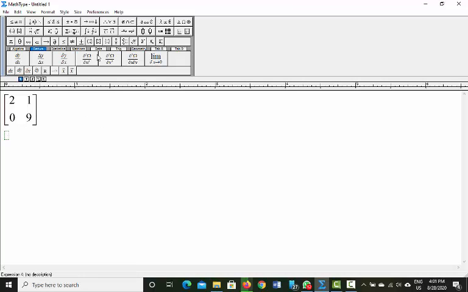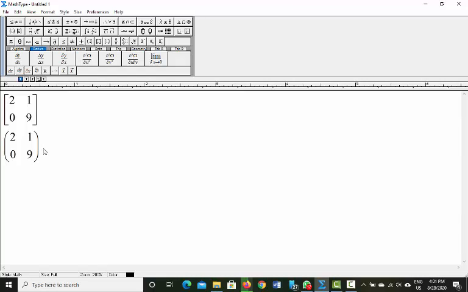So we can write it this way also. So a matrix can be written inside a bracket or inside a parenthesis.